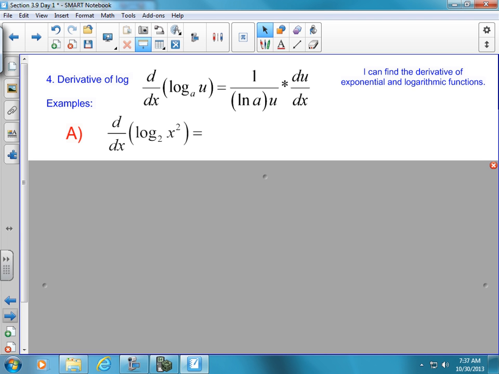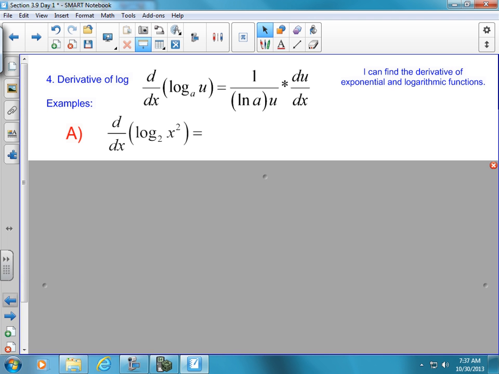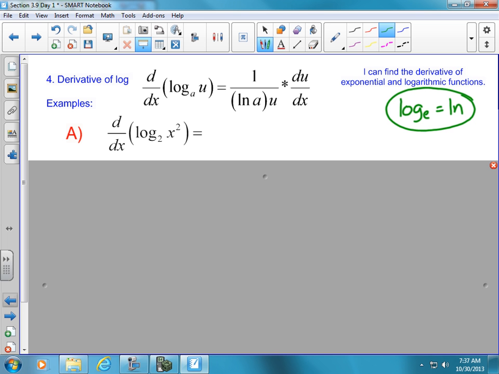Now we have the third derivative formula: log of a to the u. Next, we're going to do ln of u, so don't confuse those. Remember, ln is just log base e, and log of e equals ln, so don't forget that little fact either.